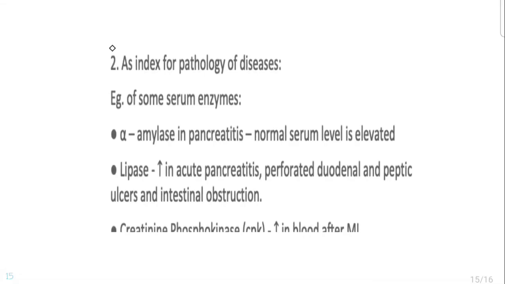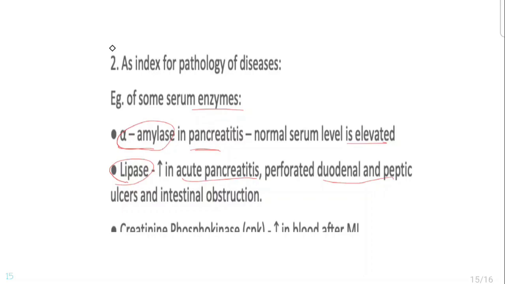Next, as an index of pathological disease, some serum enzymes can be used as markers for diseases such as alpha amylase in pancreatitis, which is normally elevated in pancreatitis. An increase in lipase could also be an indication that you have acute pancreatitis or even duodenal or peptic ulcer.